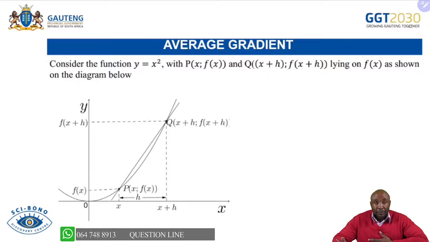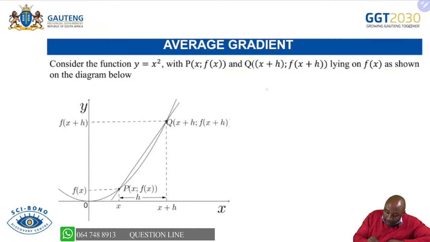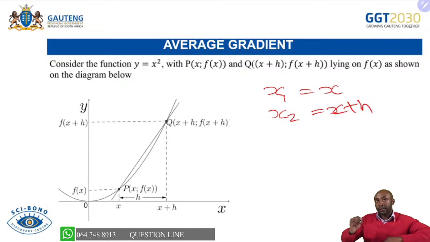Now, we have our function y is equal to x squared, and we are having 2 points, P and Q. I can say now the distance from x to the second point, x2, I will name it. So our x1, we can say this is x, and then we say our x2 becomes x plus h.